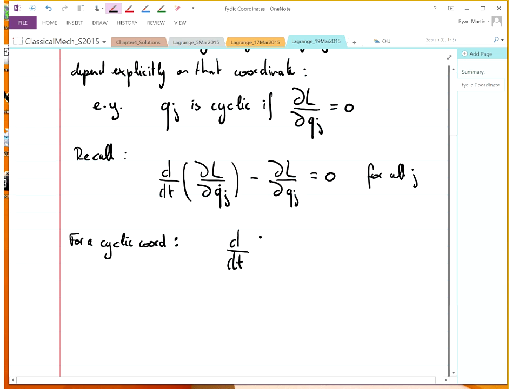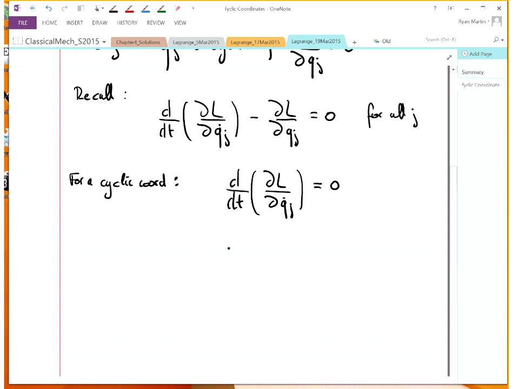That means that we only have one term, and that's d/dt of ∂L/∂q_j dot equals 0. And as usual, we like when the total time derivative of something is 0, because that means something is constant. So ∂L/∂q_j dot is equal to a constant.